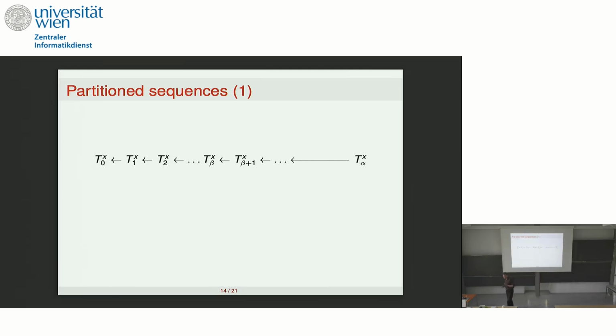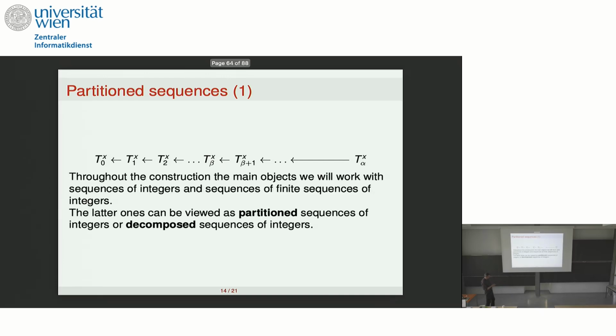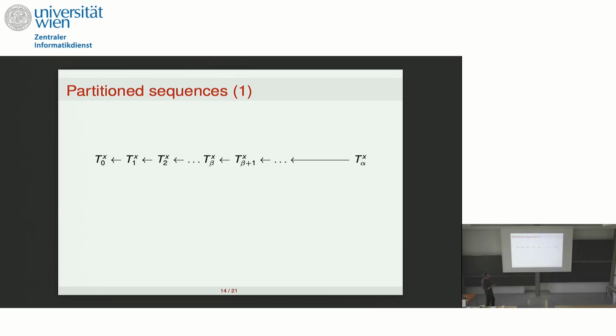The construction doesn't go from one tree to another, but rather we have to construct the whole chain in some sense at once. Because in each step of the construction, we apply two principles of the construction.